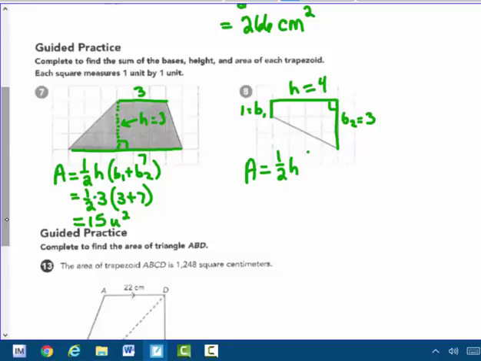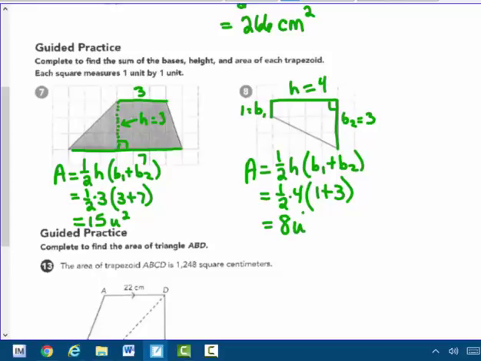Half the height times the sum of the bases. Half of 4, well, that's nice. That's just 2. And adding my bases together, that's 1 plus 3. Well, that's also 4. Half of 4 is 2 times 4 is 8 units squared.